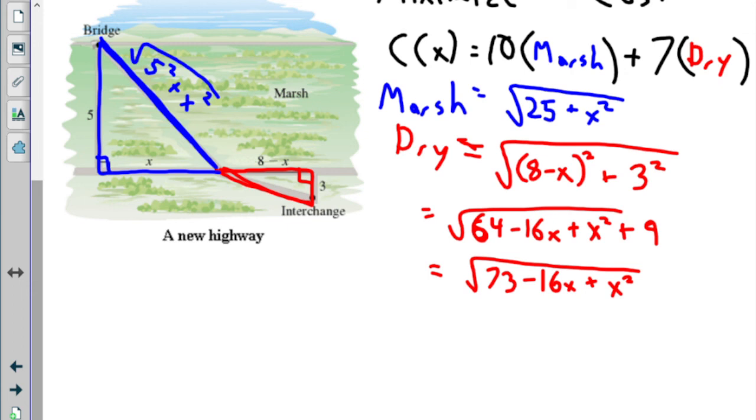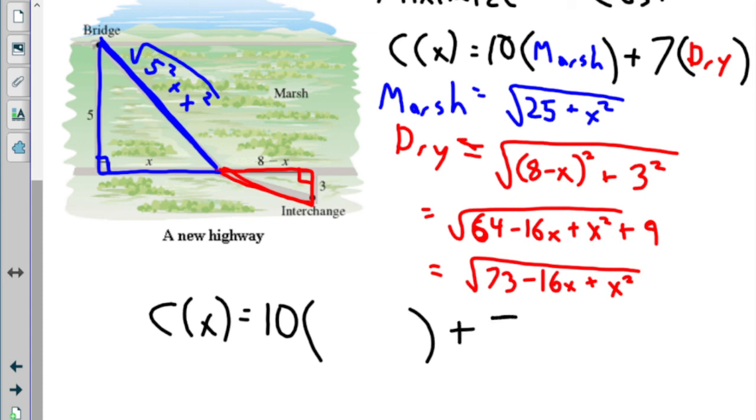So my entire cost equation, my big long cost equation, is 10 times the marsh plus 7 times the dry land. So we're going to stick all those in.